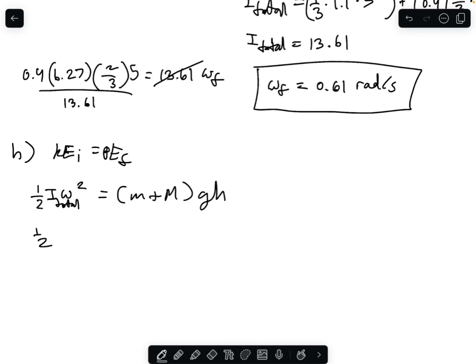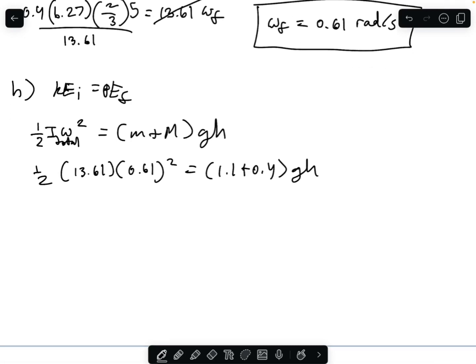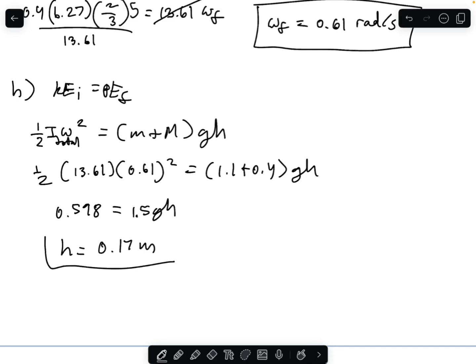I'm going to plug in the final angular speed I got from the last problem and also the I total, which is 13.61. 0.61 squared equals 1.1 plus 0.4 times gh. After you simplify, you get 0.598 equals 1.5 gh. So how high the rod-block system will rise after the collision is 0.17 meter.